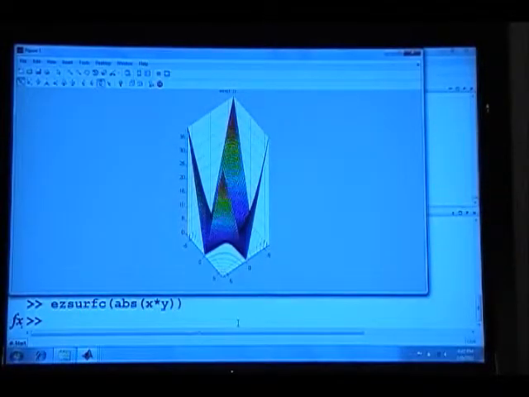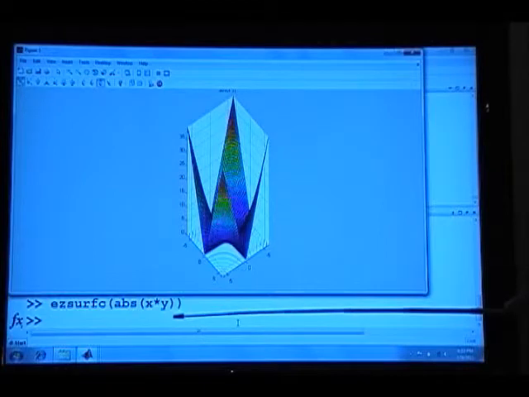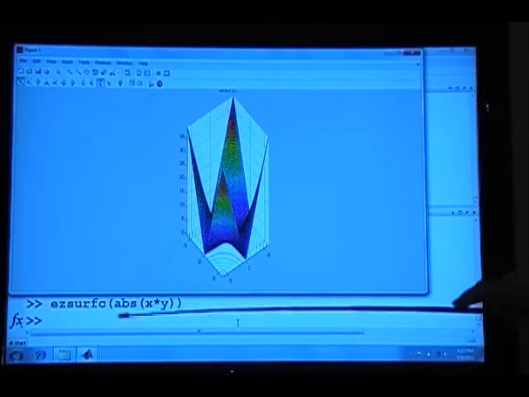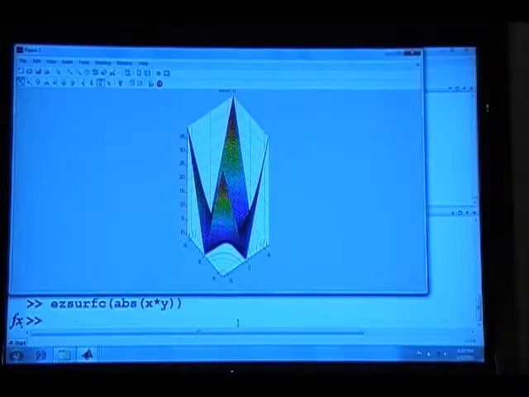And so when we plot it there, we can compare this with the different plots in the book and see that this plot matches plot number 5, because anytime either x or y is 0, then the product is 0, and the absolute value of 0 is still 0. So we're expecting this to be 0 all along the x-axis and all along the y-axis as well.